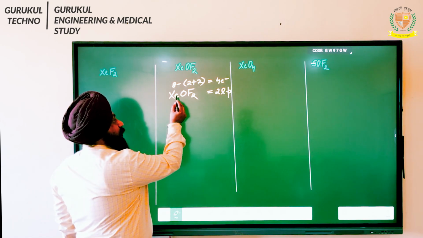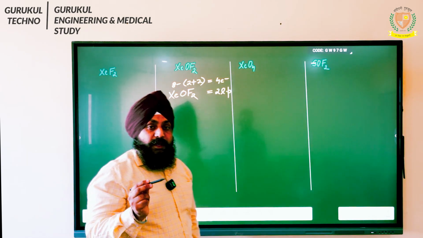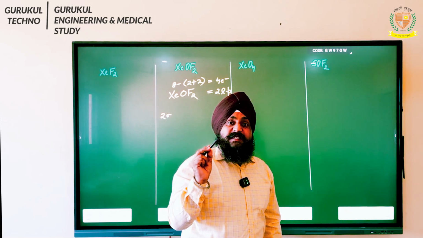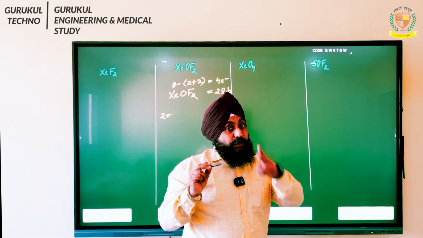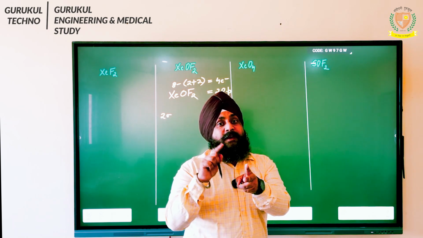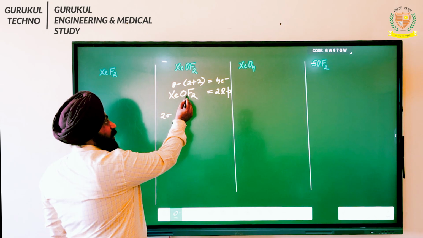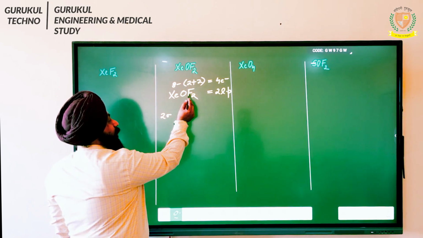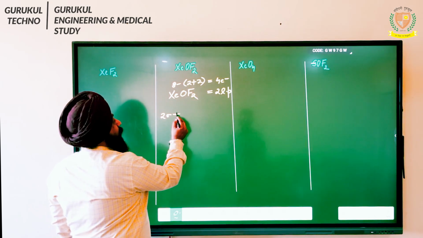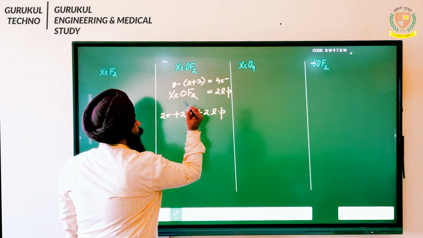See students, here with oxygen it will make 1 sigma. Remember, we are supposed to count only sigma bonds. Oxygen can make 2 bonds, out of which one is sigma and another one is pi. So we are counting only sigma over here. See students, here with fluorine it will make 2 more sigma, plus there will be 2 lone pairs.